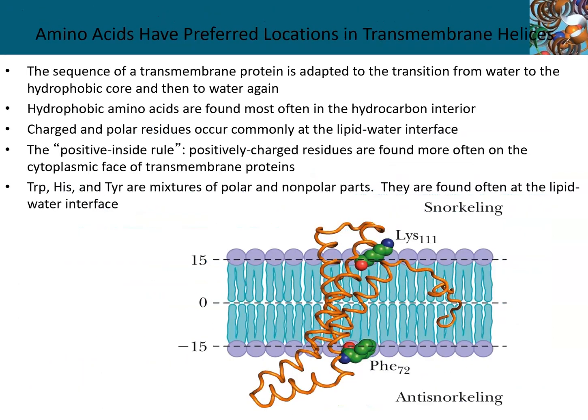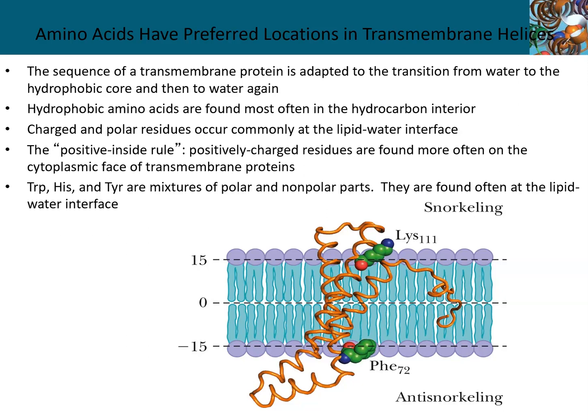But moving back down the list, I just mentioned how there's a fairly standard thickness for a membrane, and most helices span it near perpendicular. But that's not a given necessarily.